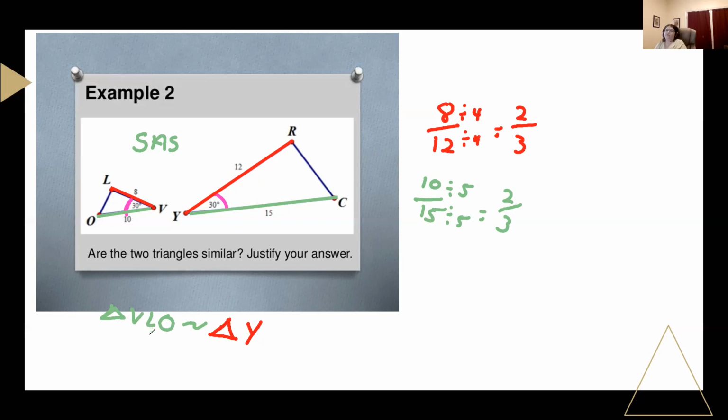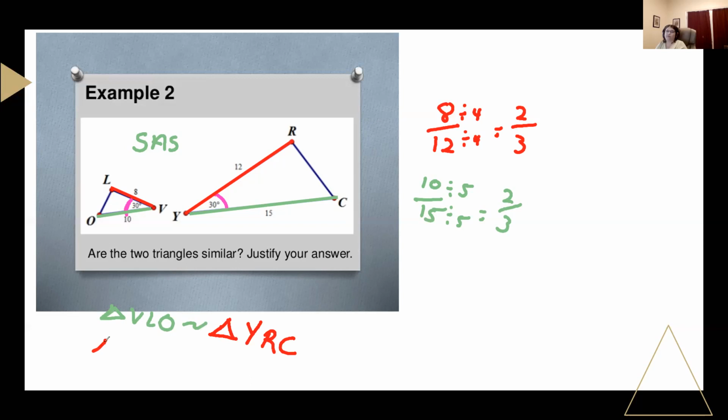So L would match up with which angle? R. Good job. And then O would match up with C. And if I had them in incorrect order, they would not be considered correct. It has to be the same order.